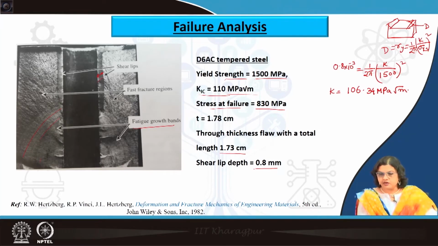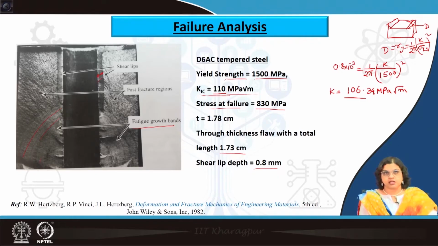So, that is what we are seeing here, and interestingly this 106 MPa root meter matches pretty well with the provided fracture toughness value, which confirms that it has satisfied this criterion.